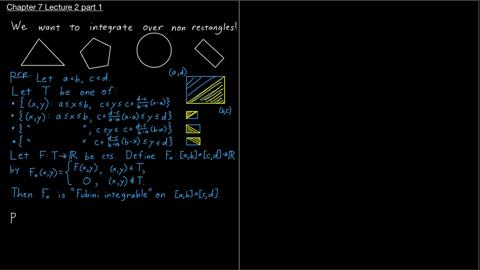Let's write out the proof. The first thing I want to note is that all of the one-dimensional integrals you need of f naught and the iterated integrals, those all exist in the sense of chapter 3.